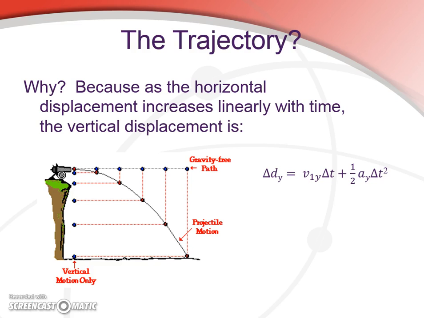If we want to consider the y component of the motion, essentially all of our uniform acceleration equations apply to that y case. One of the more useful cases is this one, where we have our displacement in the y direction given by the initial y velocity times the duration of the experiment plus 1/2 of the acceleration times duration squared. And of course the acceleration is negative g, or negative 9.8 meters per second squared.